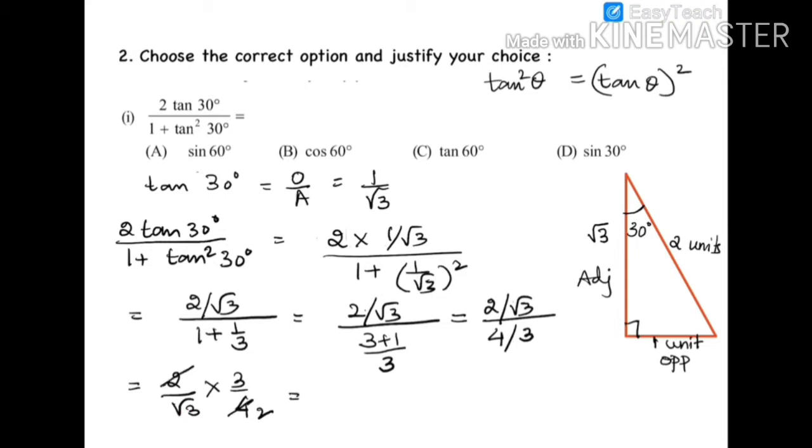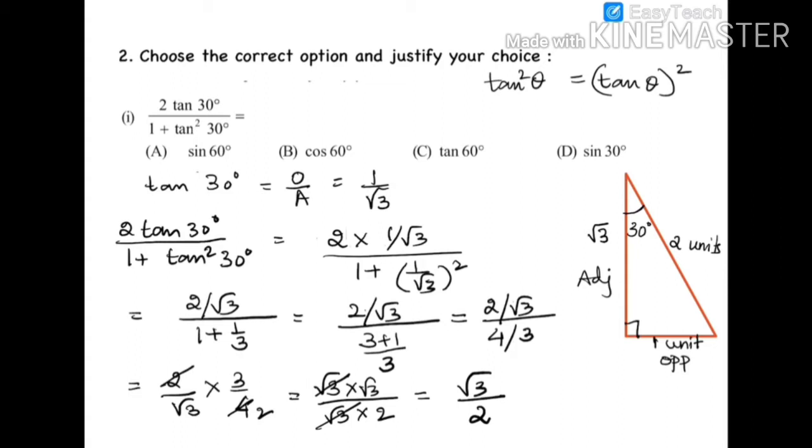Now this 3 can be split into factors root 3 into root 3 divided by root 3 into 2. So we get root 3 upon 2. Now we have to look in the figure and find the angle corresponding to this ratio.